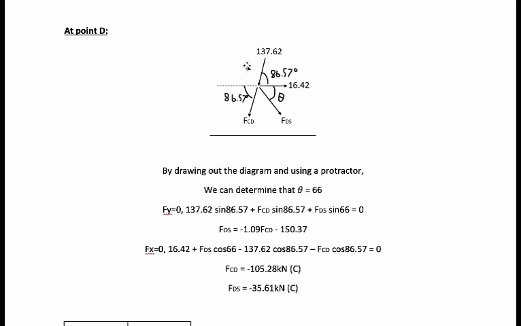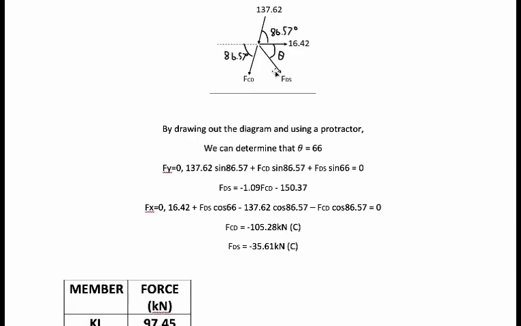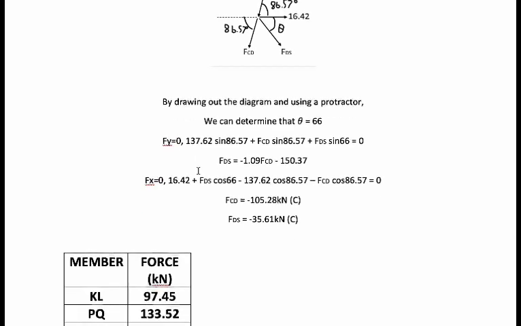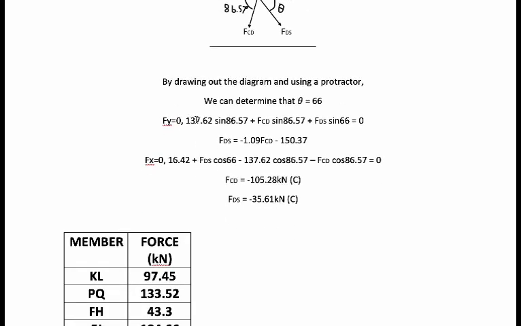So for point D, we do the same process. We draw the free body diagram, and by drawing the diagram and using the protractor, we can determine that theta is 66. So we do the equation of equilibrium, and we get the answers as shown.